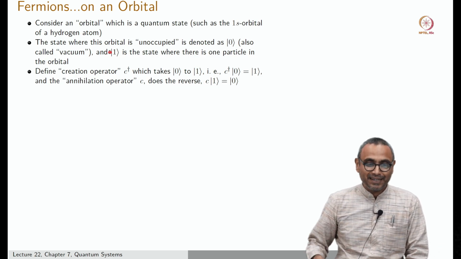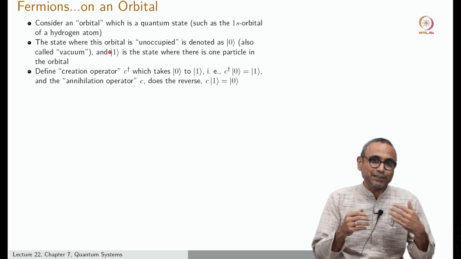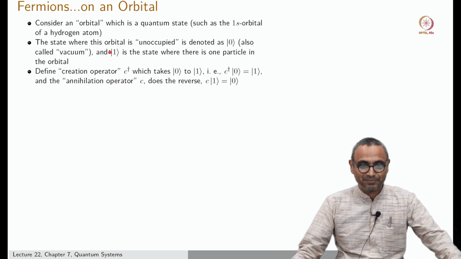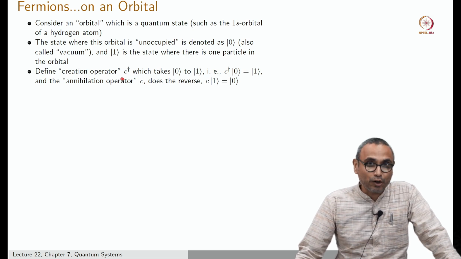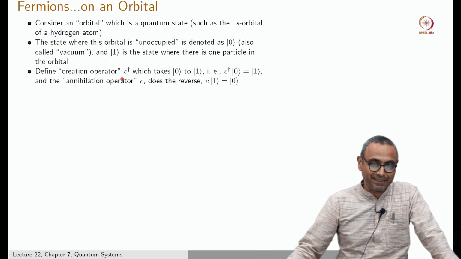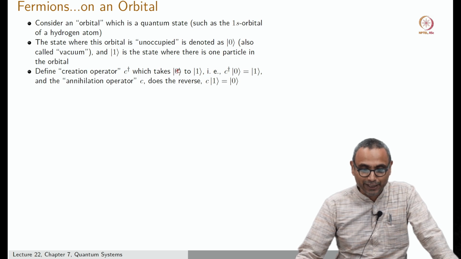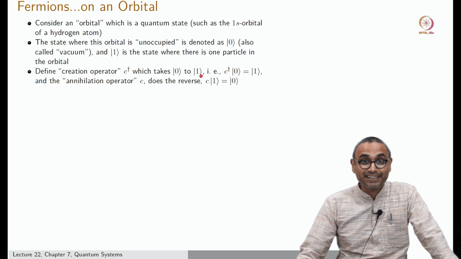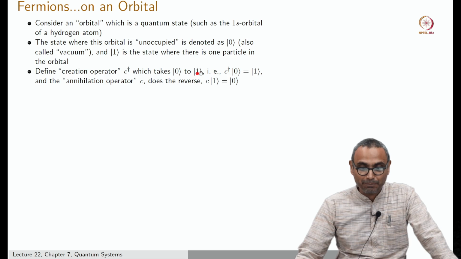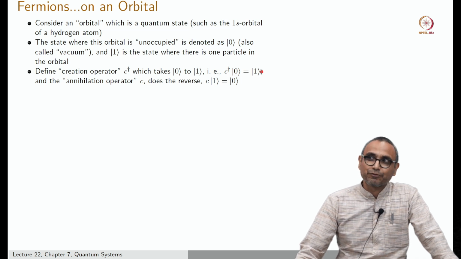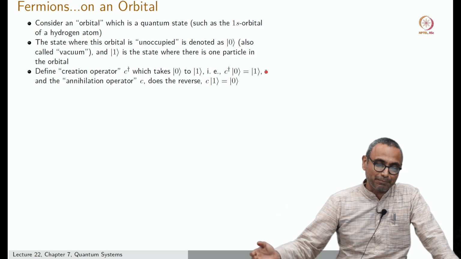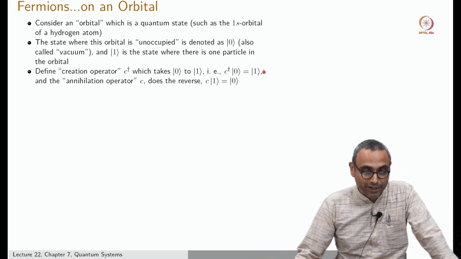So I need some device to go from one to the other. I'm going to define an operator called a creation operator, C dagger. It creates a particle, which acts on the vacuum to give me the state 1, where there is a single particle. And of course, since I'm creating, I should also be able to destroy.